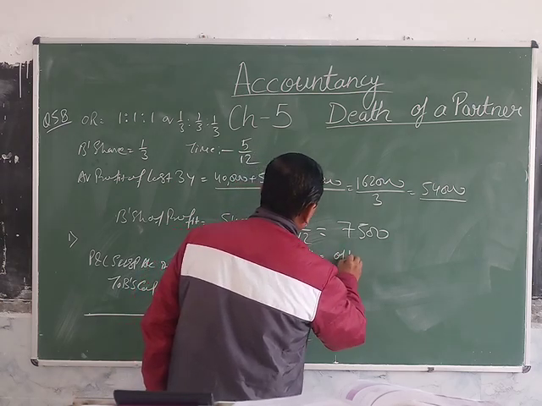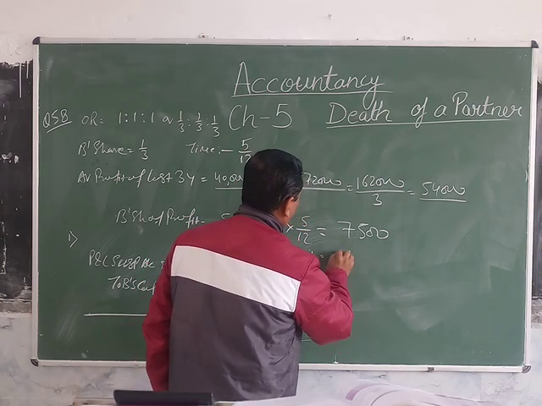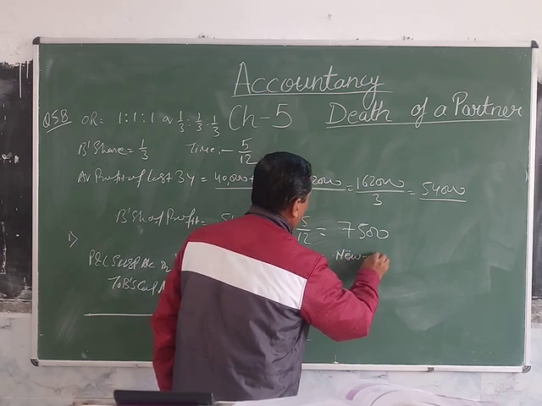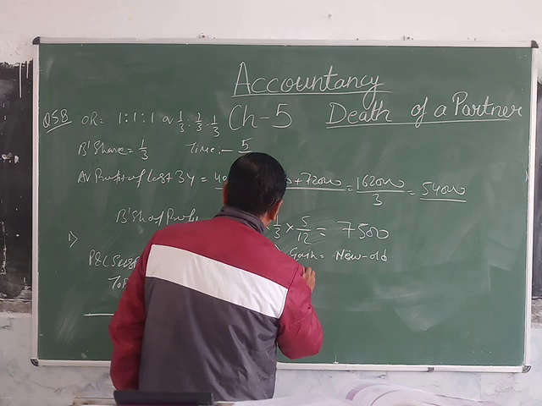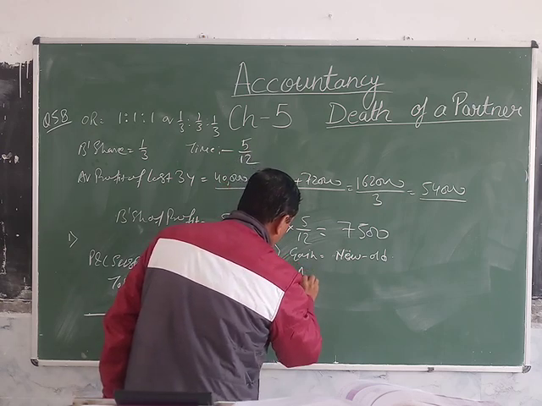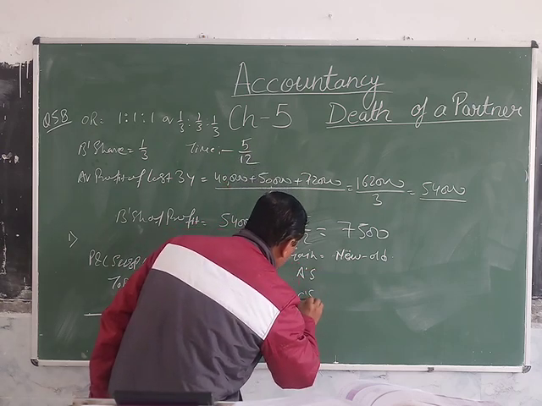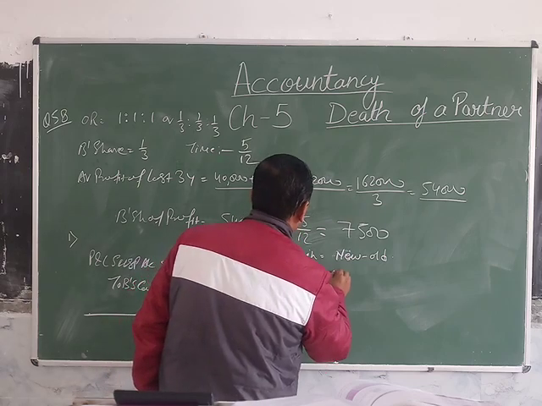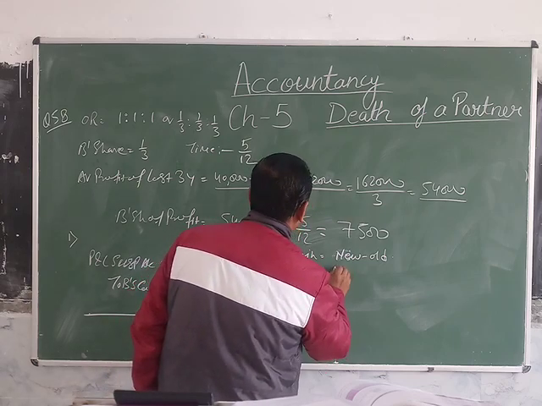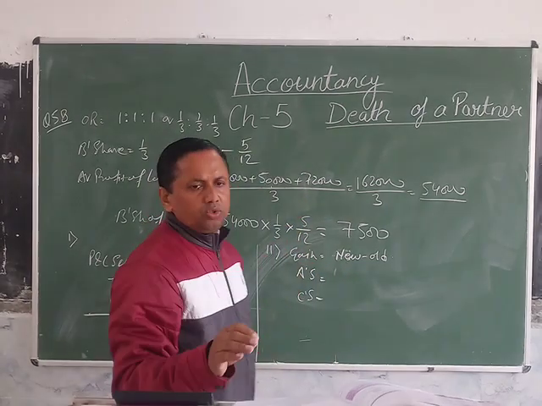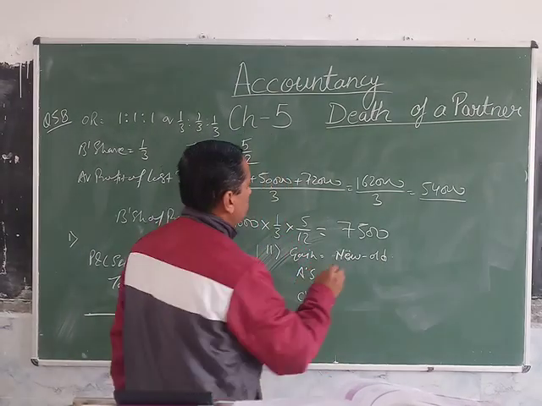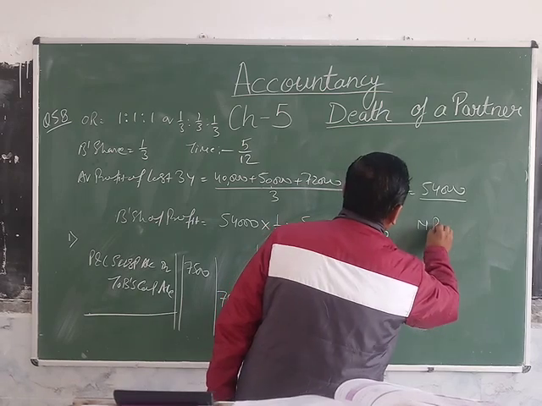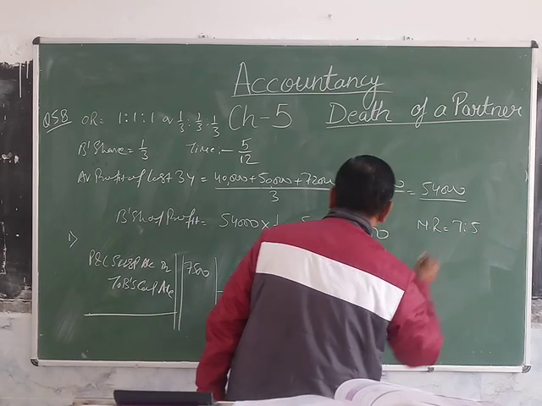Gain is equal to new minus old. The remaining partners are A and C. In this question the new ratio between A and C is 7:5.